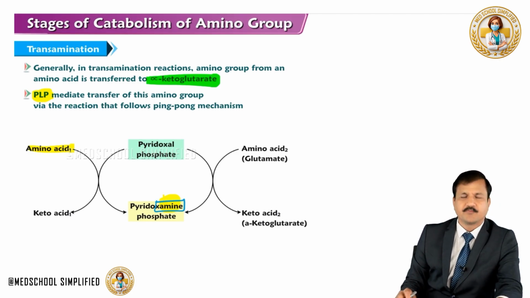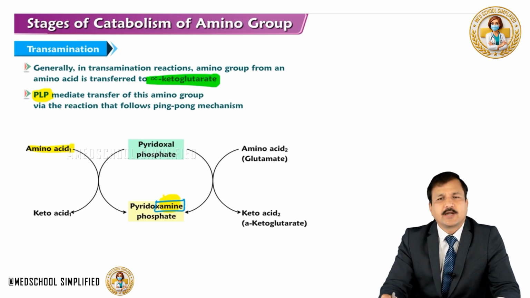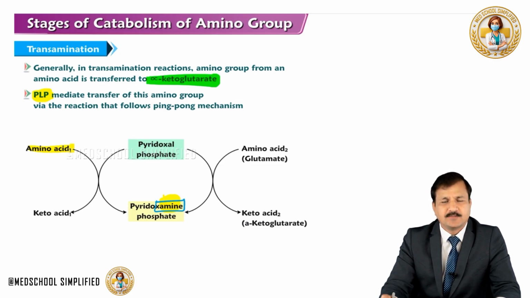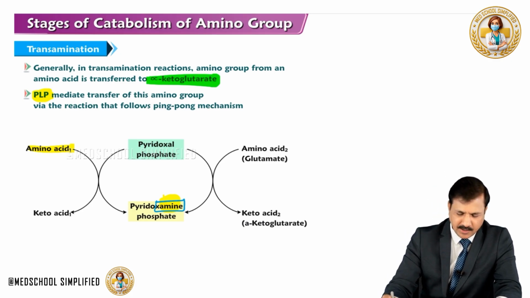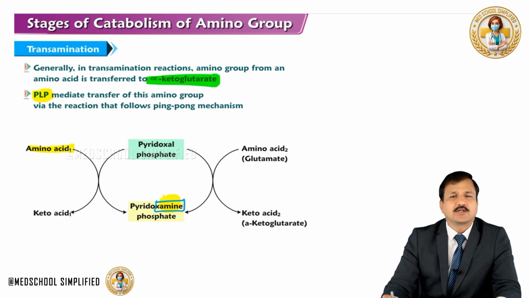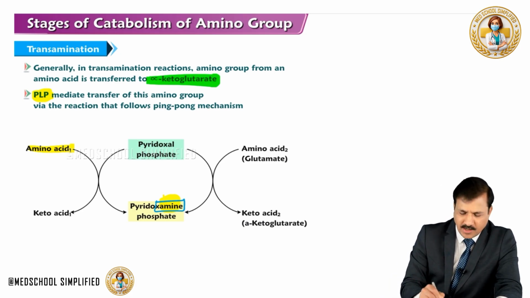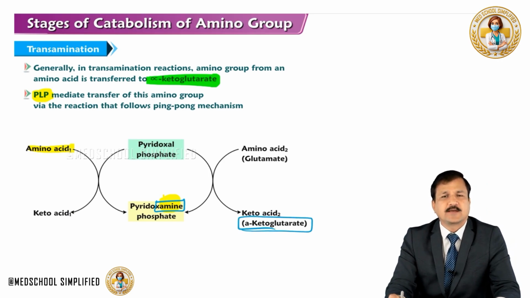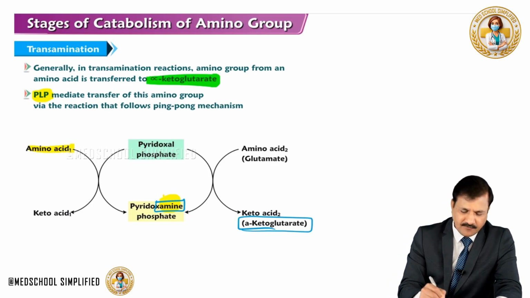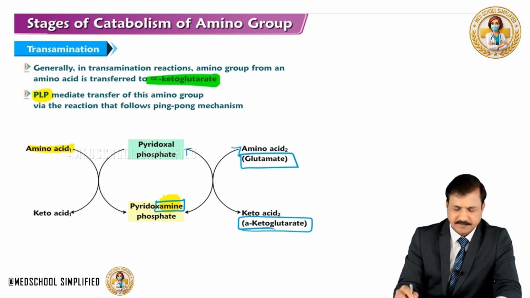So the amino group from an amino acid is given to pyridoxal phosphate to become pyridoxamine phosphate, and now that pyridoxamine phosphate is going to give the amino group to alpha ketoglutarate. Alpha ketoglutarate is always an acceptor of amino group from amino acids, and once it accepts that amino group, it will be converted into glutamate.